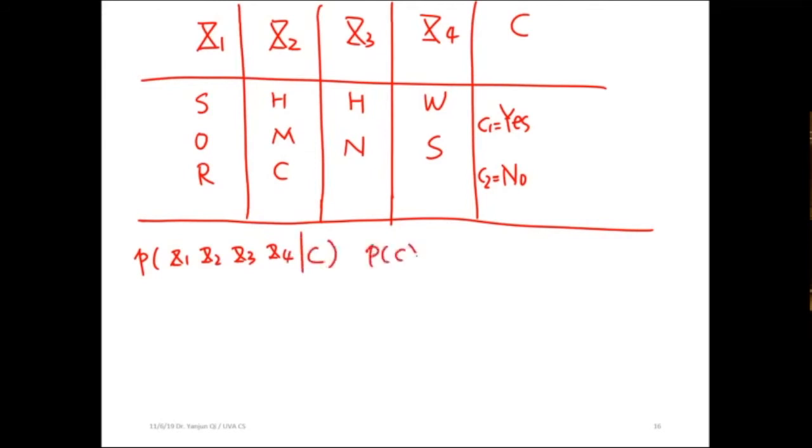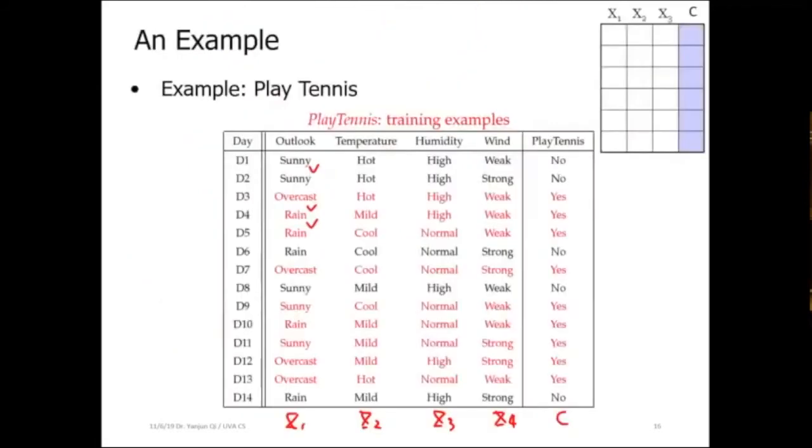In the training phase, I need to estimate them from data. It's easy to estimate P(C), because there are only 2 cases: C equals yes and C equals no. So what is P(C equals yes) from this table?